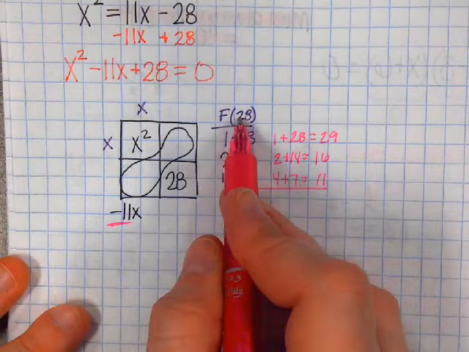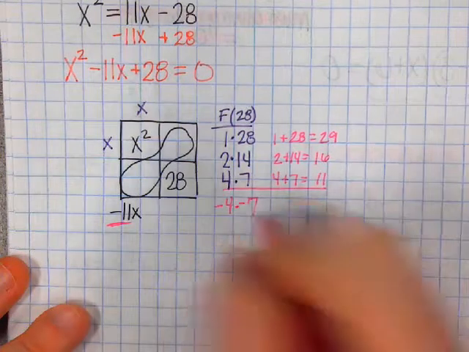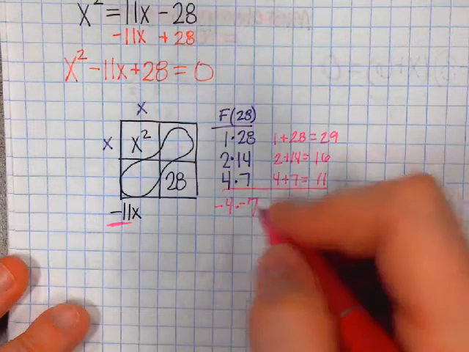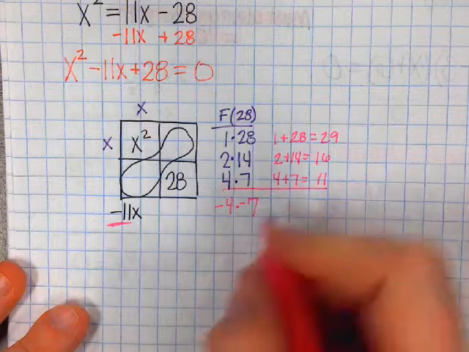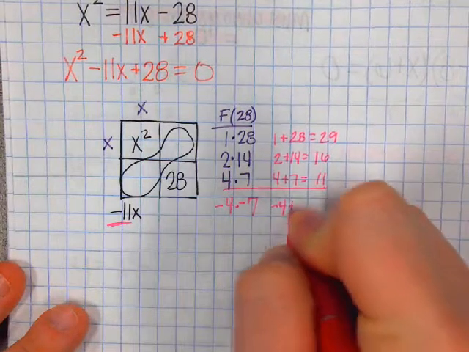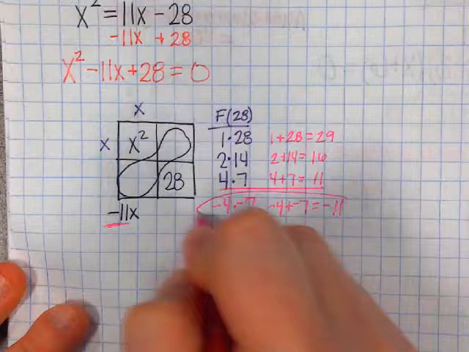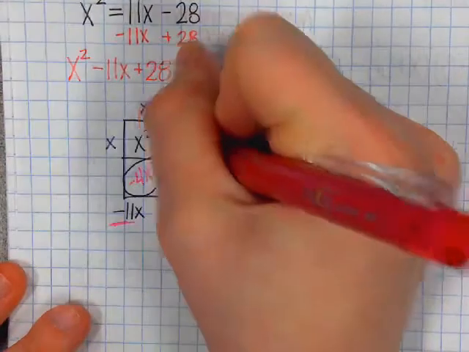Now, since it's a positive when we multiply, remember both signs have to be the same, or it would end up being a -28. So they both need to be negative. So -4 minus 7. If I owe you $4 and I owe you 7 for something else, -4 plus -7 would give you -11.